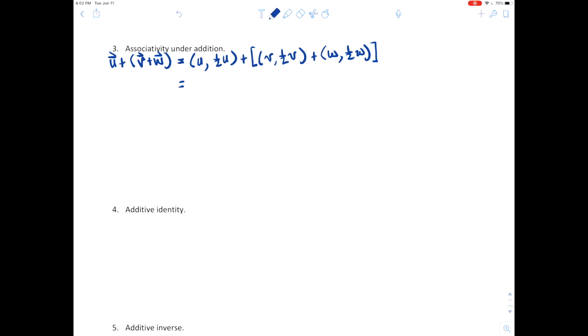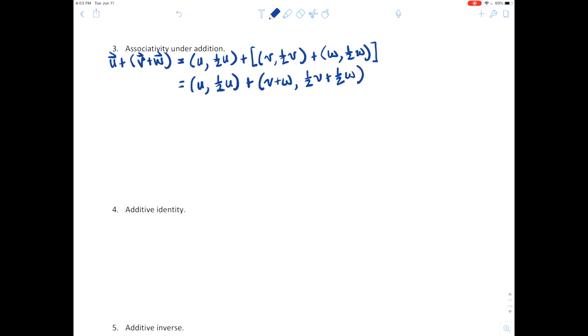Well, why don't we add the v and w vector together so that we can get things rolling. So making them one happy vector, we will have v plus w, comma, 1/2 v plus 1/2 w.